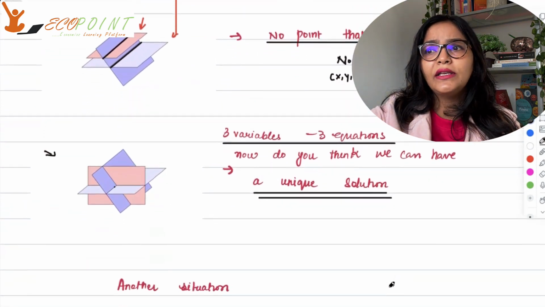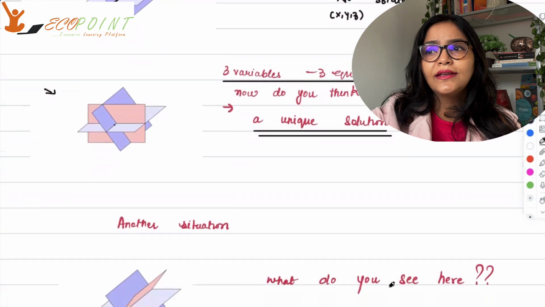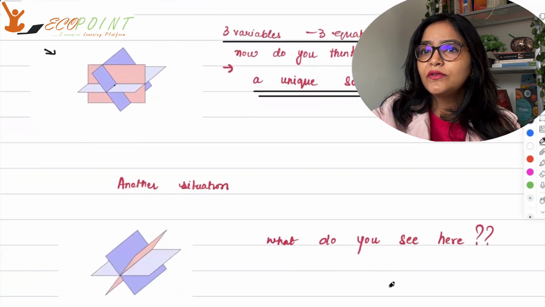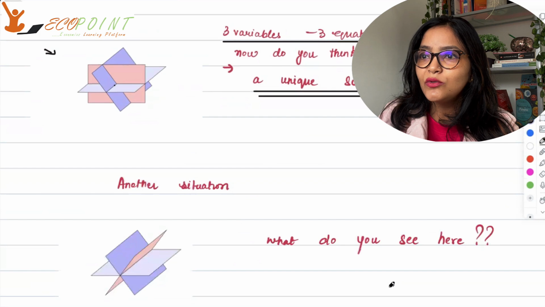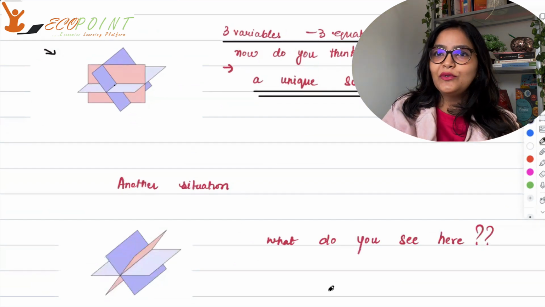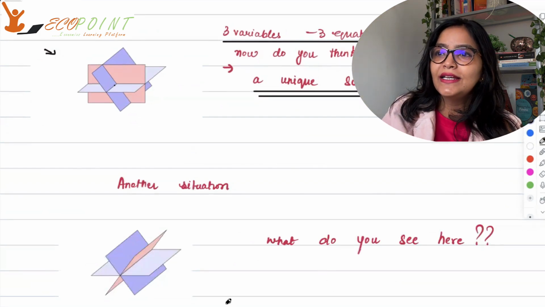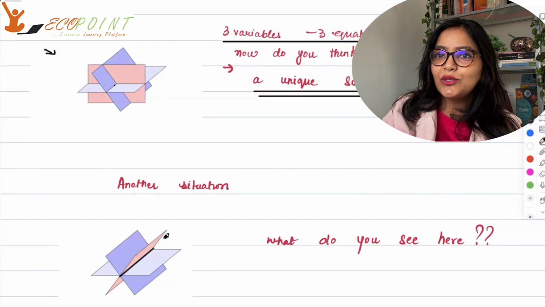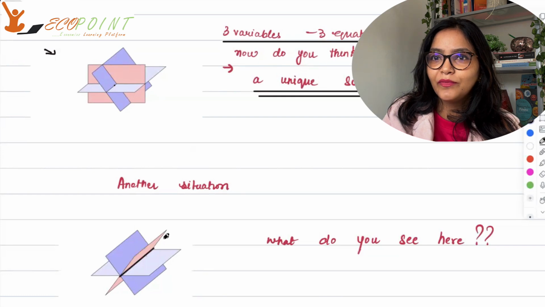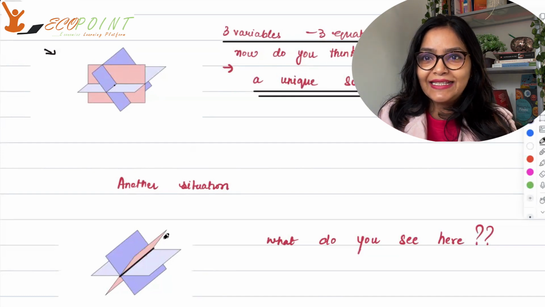Can you have any other situation? The other situation that we are left with is infinitely many. Do you think we can have infinitely many solutions? Absolutely. If you take three cardboards like this, such that there is one single entire line which is common in all three of them, which is the easiest way to actually see it practically with cardboards.